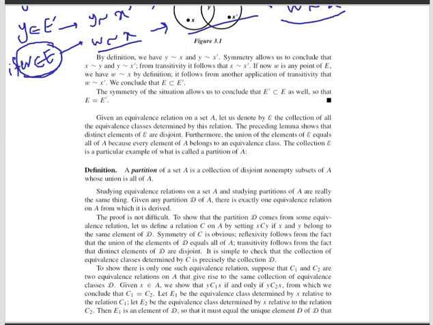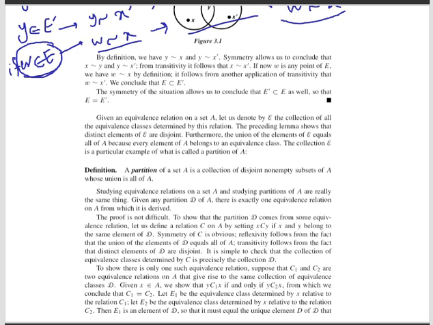We have a partition. In your home, you have partitions. What do we say? A room for children, a room for cooking, a room for the restroom, and others.